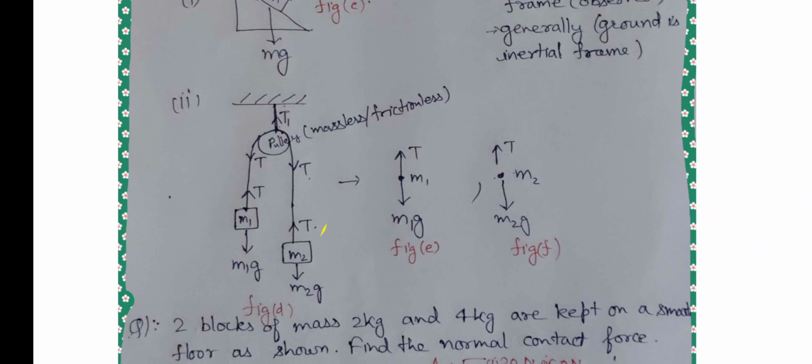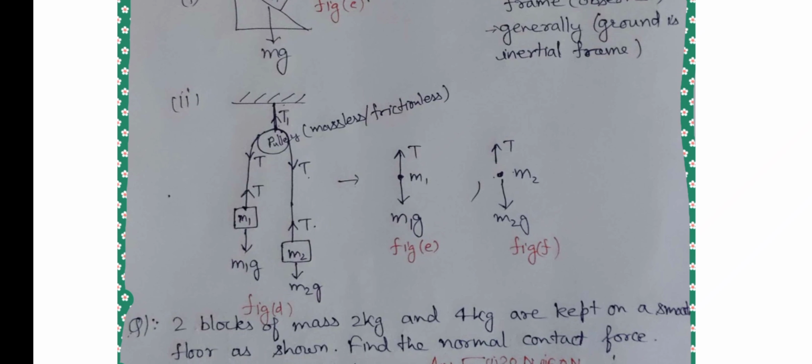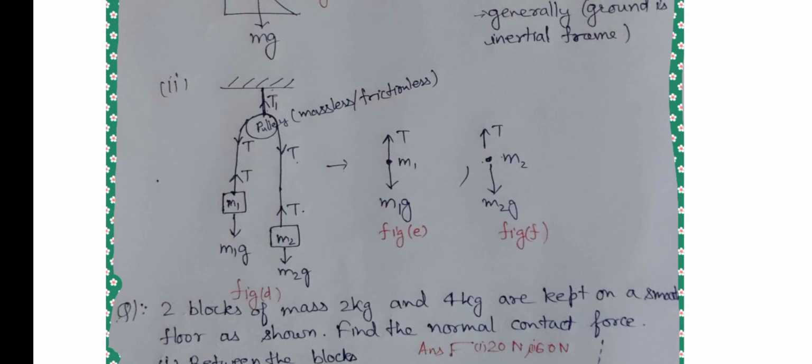In the next figure, figure D, this is a pulley chain example. Here M1 and M2 are our masses, and the pulley is also taken as massless and frictionless. These are our assumptions for the FBD.